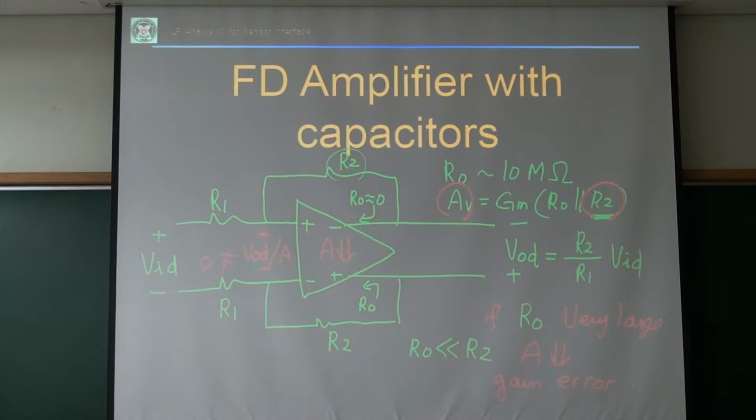So I cannot write it like that. There should be something like 1 plus 1 over A, some gain error term, okay? Also this gain error depends on signal amplitude. It may cause some distortions also. All right.